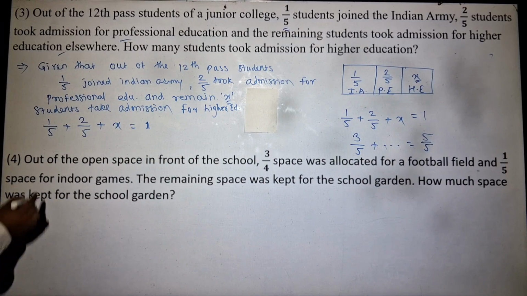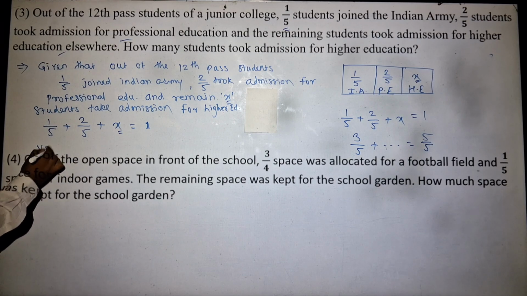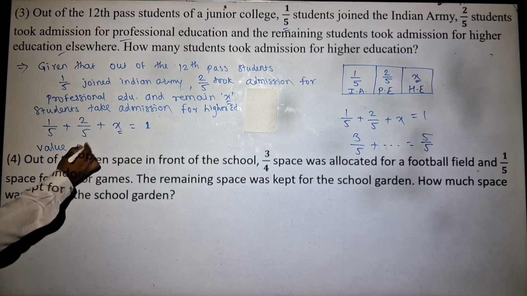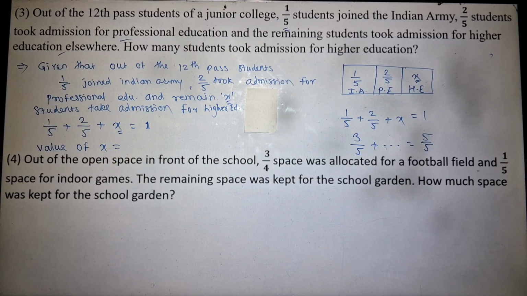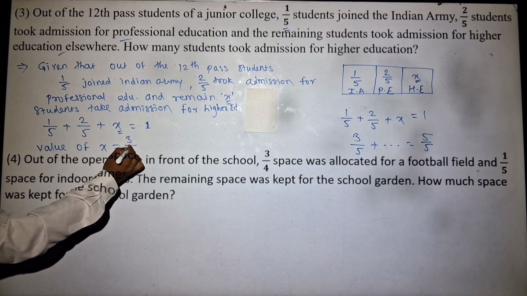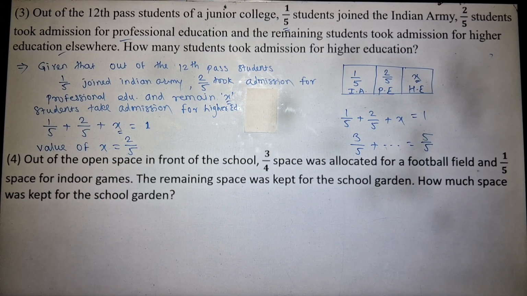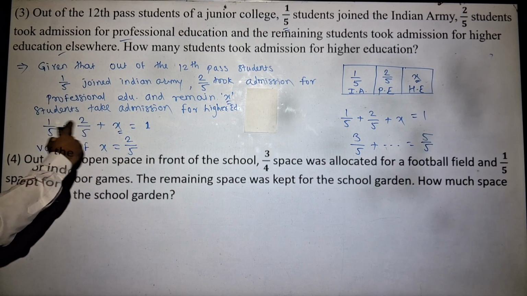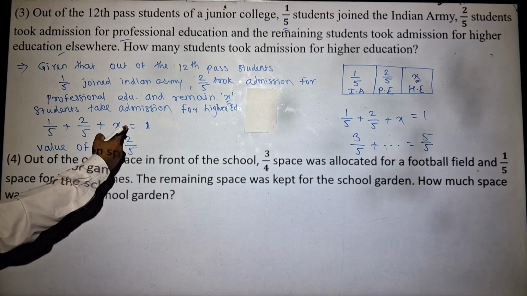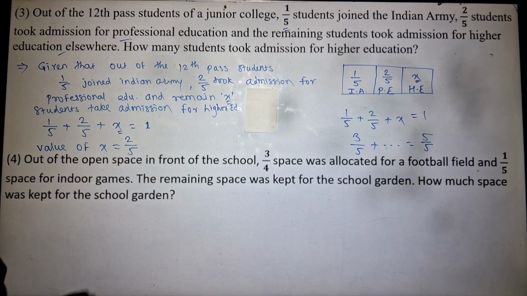Here the value of x is 2 by 5. If you put 2 by 5 here, 1 plus 2 plus 2 is 5, and 5 by 5 is 1.